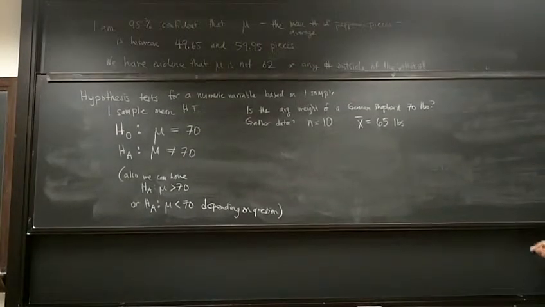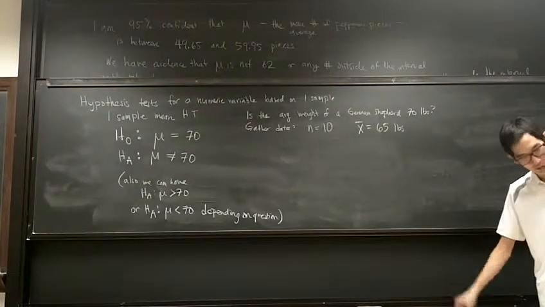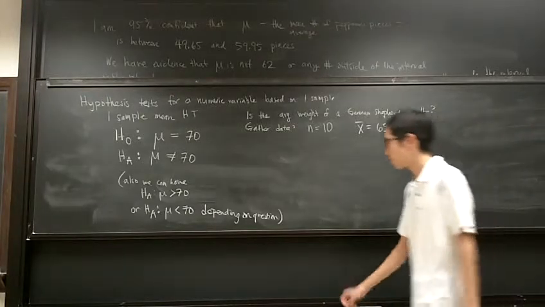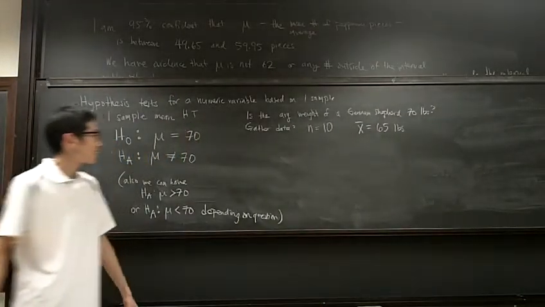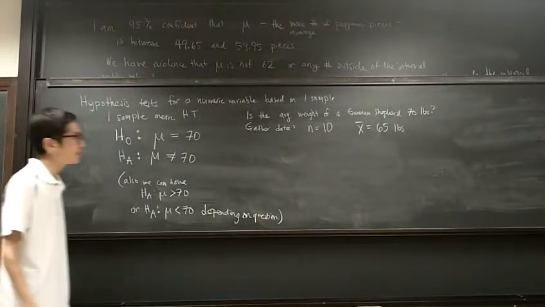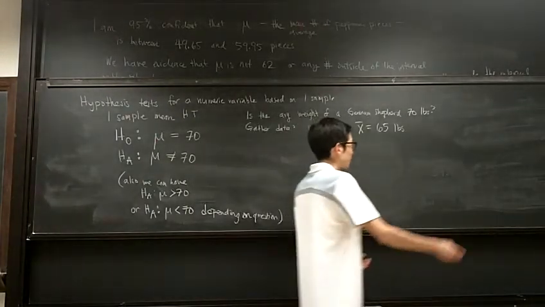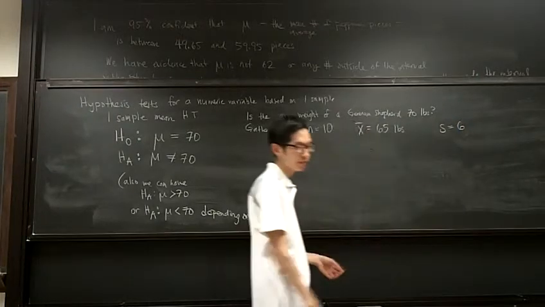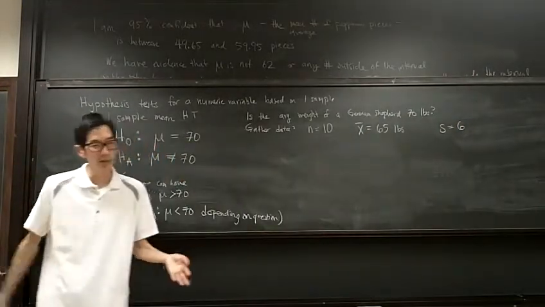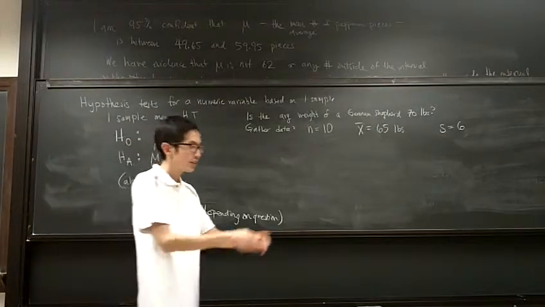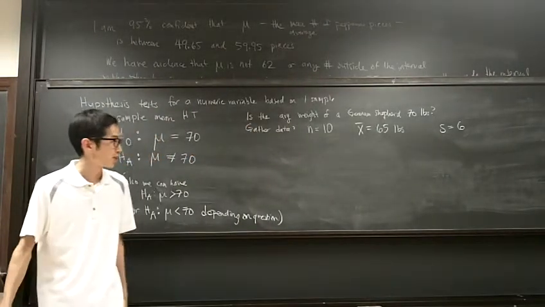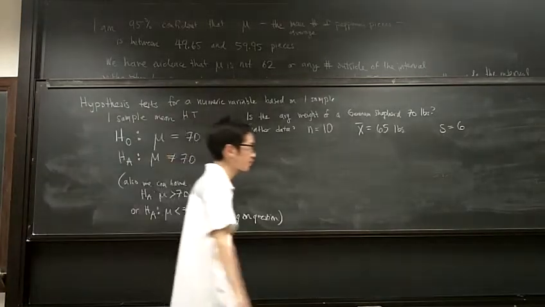Maybe you know more about German Shepherds than me, which you probably do. They're good dogs. And then let's say the standard deviation was 6 pounds. So from our sample, there was a standard deviation of 6 pounds. Some dogs weighed more, some dogs weighed less, and the overall spread between these 10 dogs was 6 pounds.